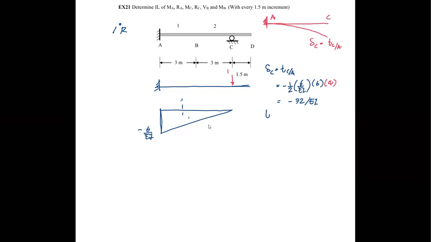Not T. Delta 2. This is going to be a little bit troublesome because this is going to be the area of the moment diagram between 2 and A, which is a trapezoid. So instead of doing that, how do I do that?